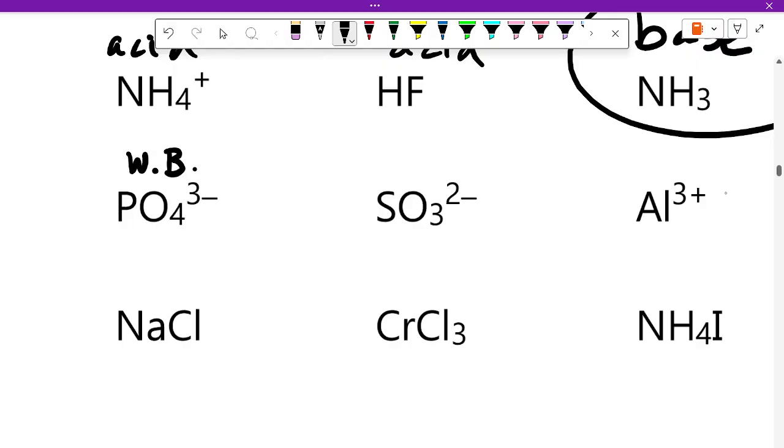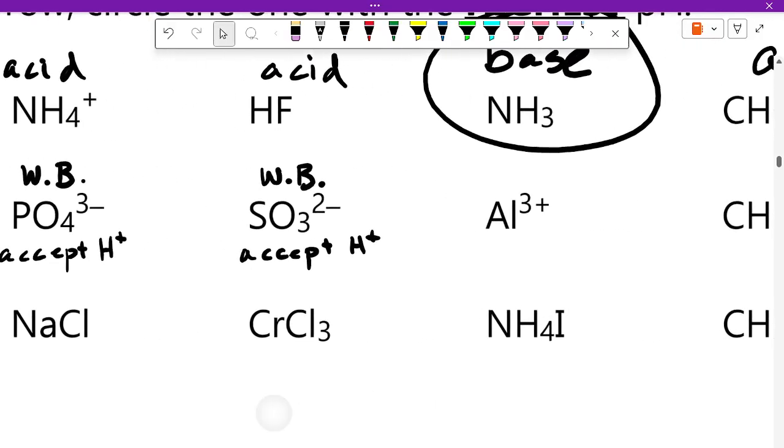Because what can this do? Can it donate a proton or accept a proton? It can only accept a proton. How about SO3 2-? That is also a weak base because its conjugate acid is weak, so it will undergo hydrolysis. It will accept hydrogen.